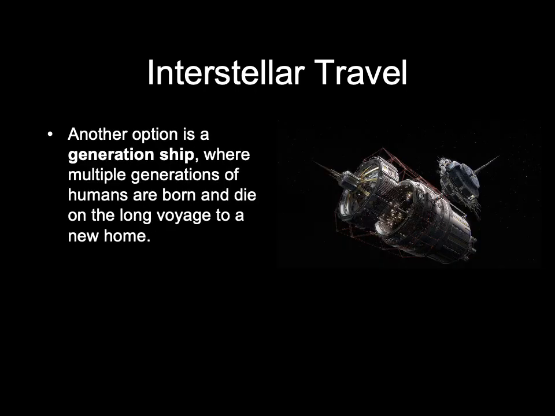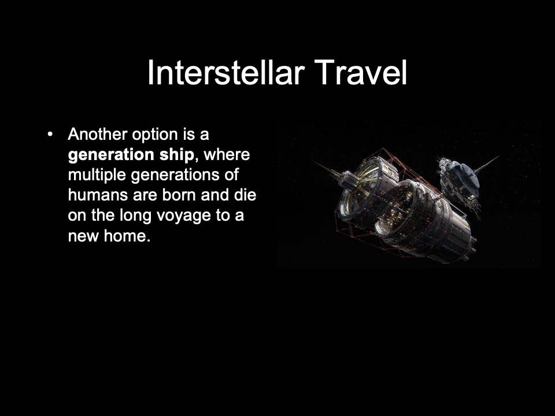Probably the most practical way to do interstellar travel would be something called a generation ship, where the people who start off on the spacecraft mission are not the people who arrive at the destination, that multiple generations of humans would be born and then die on this long voyage to whatever destination they would have.